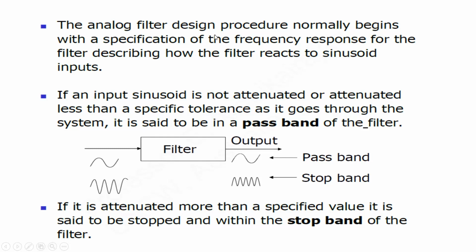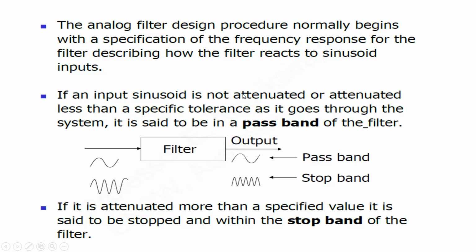Now, the analog filter design procedure normally begins with a specification of the frequency response for the filter. We will first specify how the filter will behave, meaning how it reacts to sinusoidal inputs.